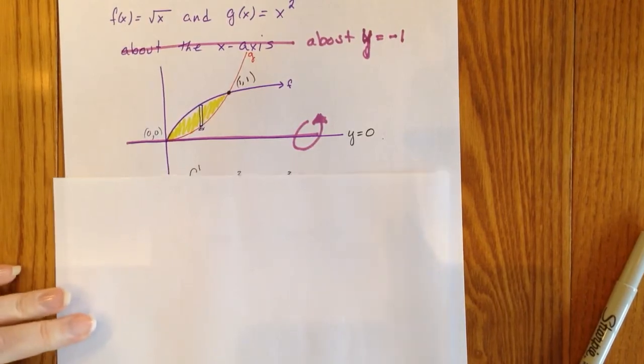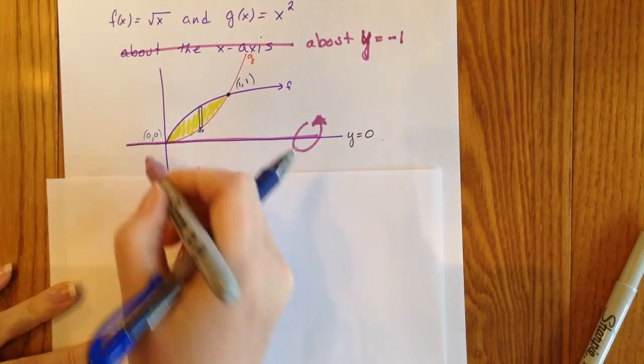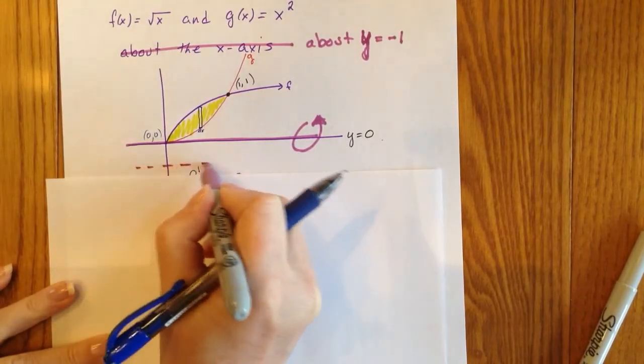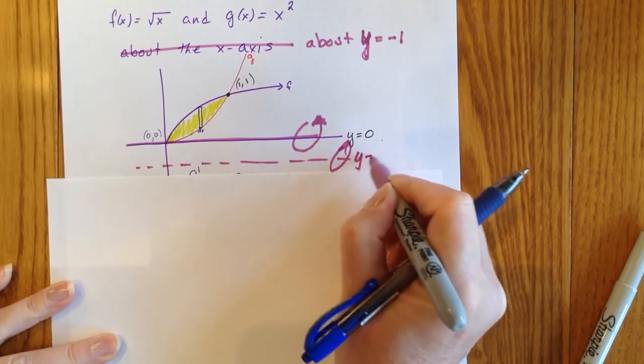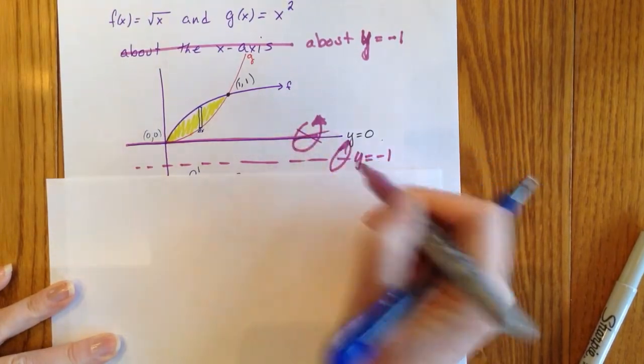So here's what we've got. Now this isn't drawn to scale, but let's pretend I'm spinning it here. This is now the axis of revolution. Not that one, this one.